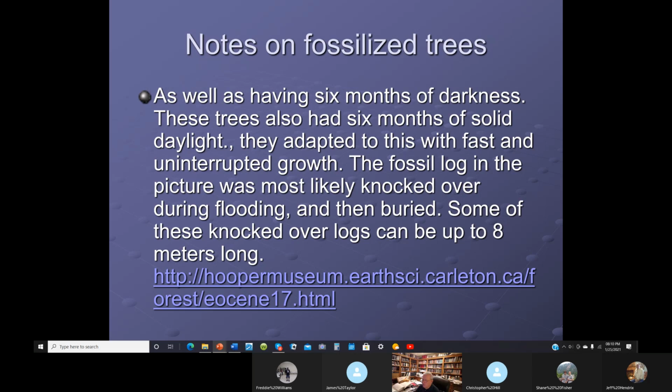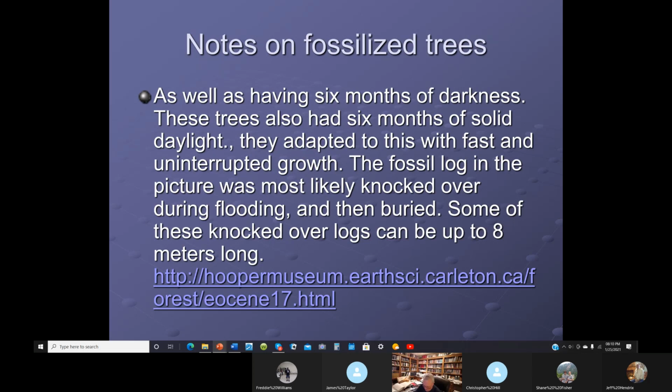The fossil log in the picture was most likely knocked over during flooding and then buried. Some of those knocked over logs can be up to 8 meters long. Now, a meter is about 39.37 inches, or about 3.28 feet. So just multiply by 3.28, and you'll get how many feet it was.